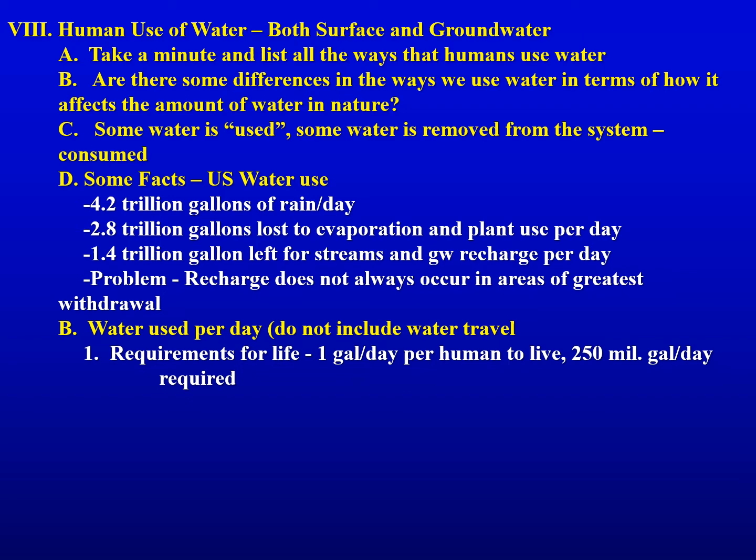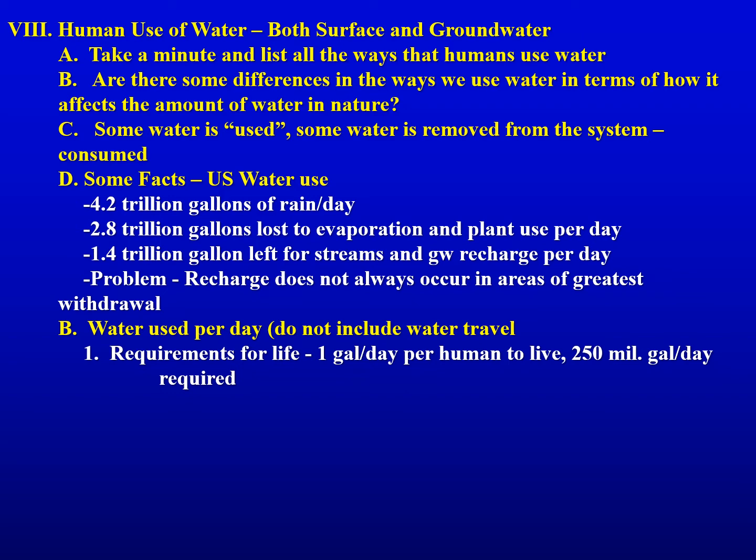We basically all need a gallon of water just to stay alive. So at a minimum, for everyone in the US to live till tomorrow and the next day and the next day, we need about 250 million gallons of water available to people in the US every day. That's the bare minimum.